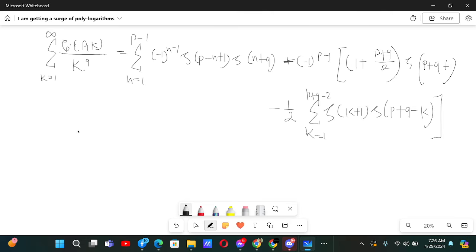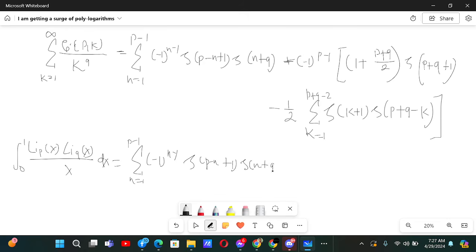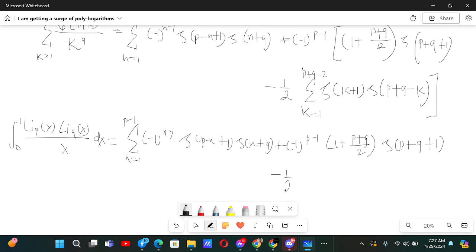So this actually is known to be our integral from 0 to 1 of Li_p of x, Li_q of x by x dx, and this equals sum from n equals 1 to p minus 1 of minus 1 to the power n minus 1 Riemann zeta of p minus n plus 1 Riemann zeta of n plus q, and then plus minus 1 to the power p minus 1, always multiplied with this thing, 1 plus p plus q by 2 Riemann zeta of p plus q plus 1, and then we have minus 1 by 2, taking this alternating sign inside the sum from k equals 1 to p plus q minus 2 of minus 1 to the power p minus 1 Riemann zeta of k plus 1, is it k plus 1?